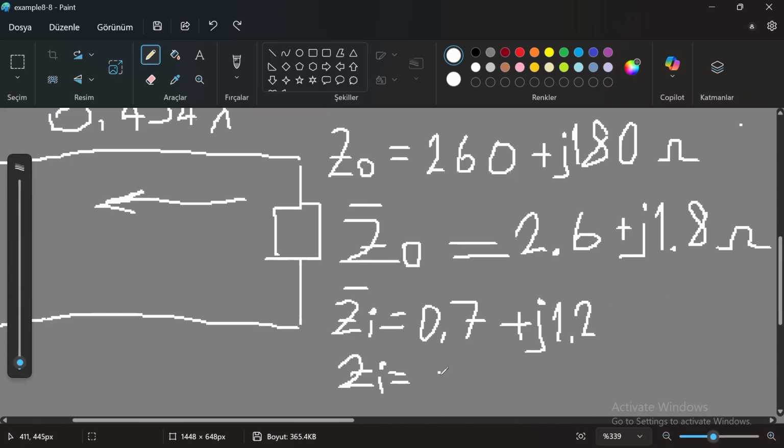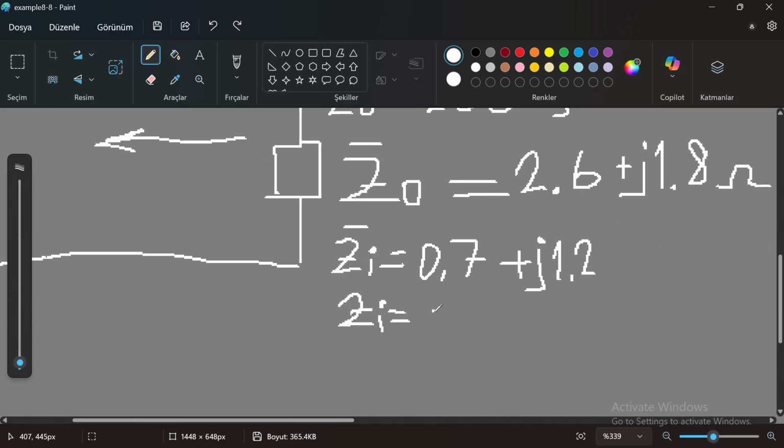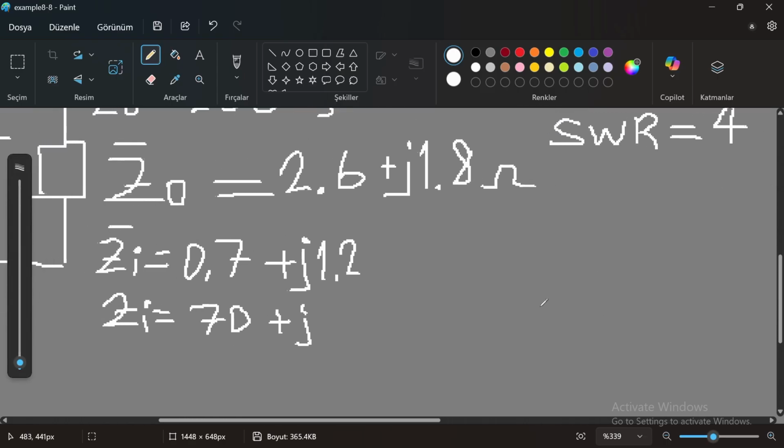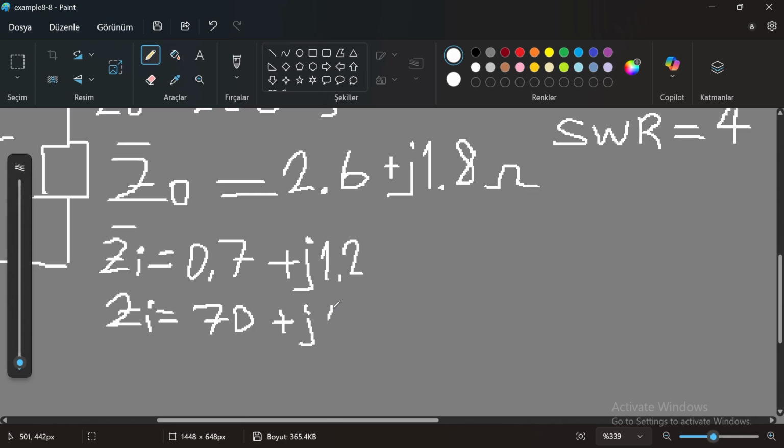So it becomes 70. If you multiply by 100, this becomes 70 plus j120 ohm.